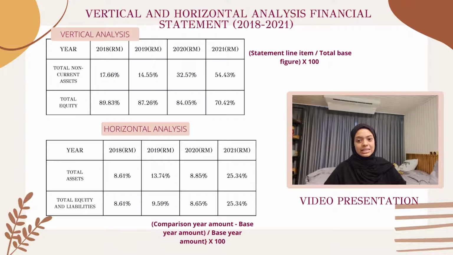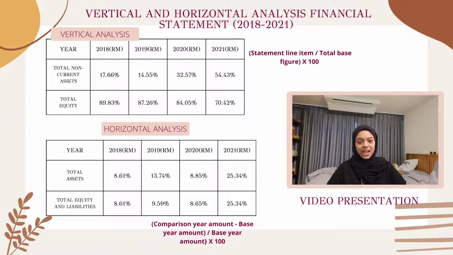The formula for horizontal analysis is the comparison year amount minus base year amount divided by base year amount then multiply 100. In 2018, the percentage for both total asset and total equity and liabilities is 8.61%. In year 2019, the percentage for total asset is 13.74% and for total equity and liabilities is 9.59%.